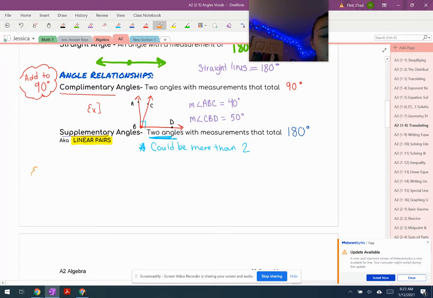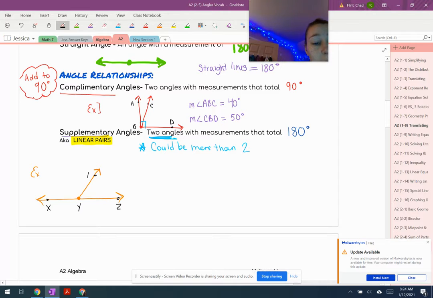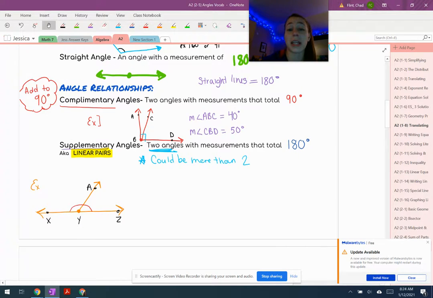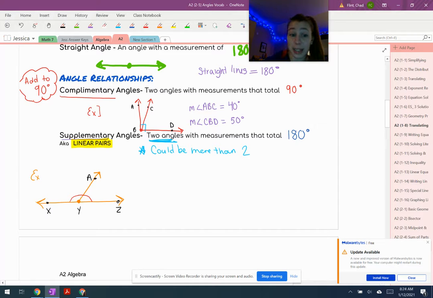An example of supplementary could be something like this. If we have, let's call this X, Y, Z, and I'll call this one A. Those two angles, angle XYA and angle AYZ, when I put them together, they form that straight line, that straight angle, meaning that it equals 180.